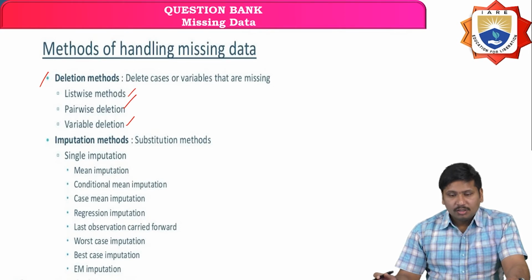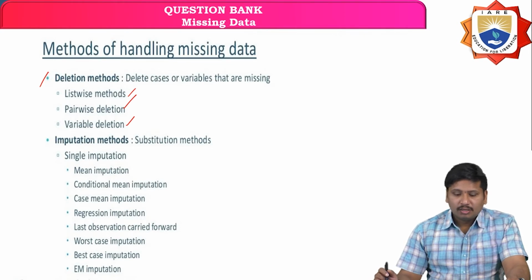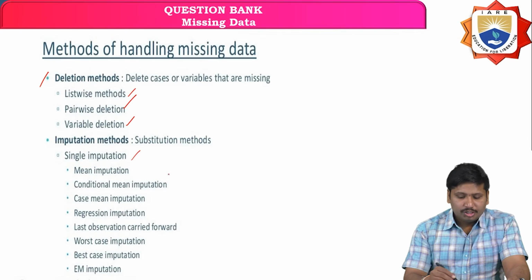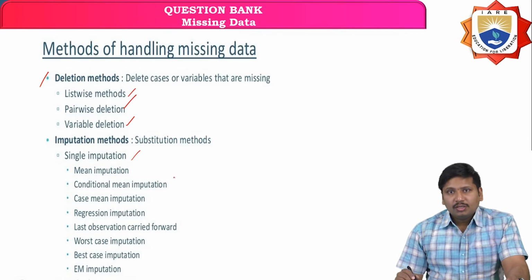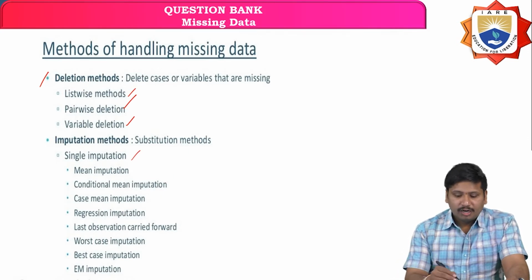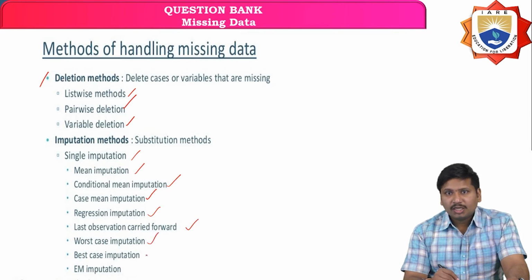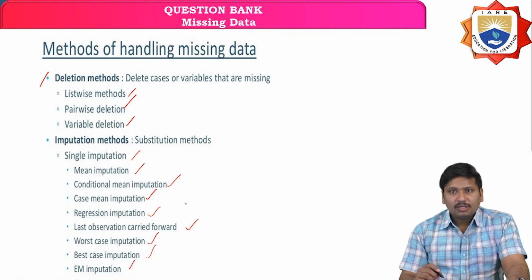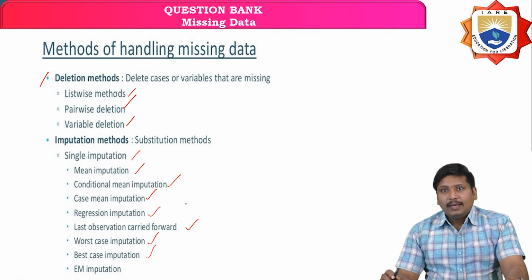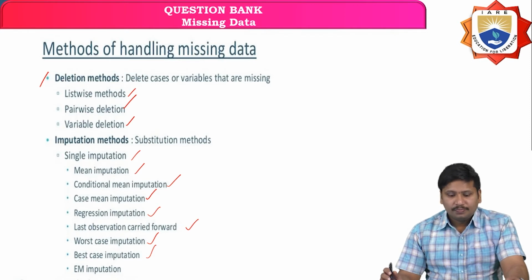Then imputation methods, which are substitution methods like single imputation and multiple imputation. In single imputation, the techniques include mean imputation, conditional mean imputation, case mean imputation, regression imputation, last observation carried forward, worst case, best case, and EM imputation. These are the imputation, or substitution, methods.